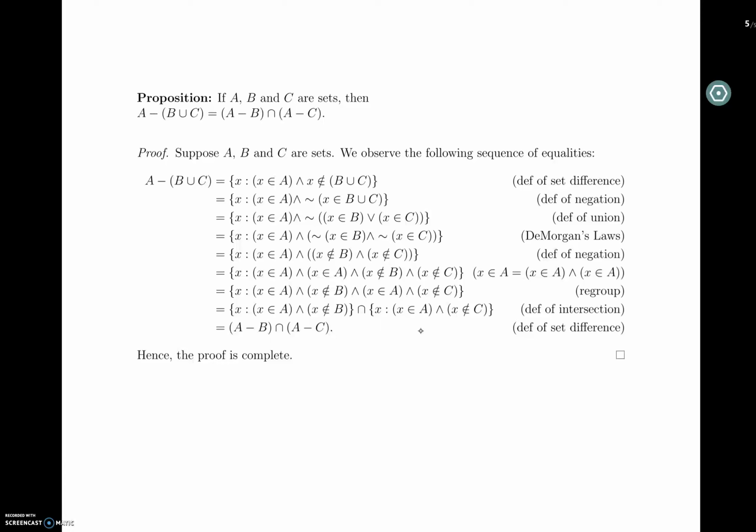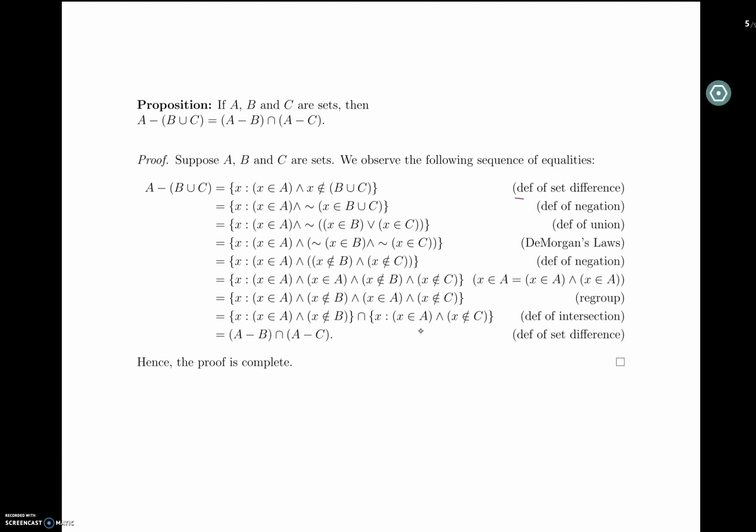So A minus (B union C), the definition of set difference tells us that it's the set of all things where X is an element of A and X is not an element of B union C. So that's our definition of set difference.